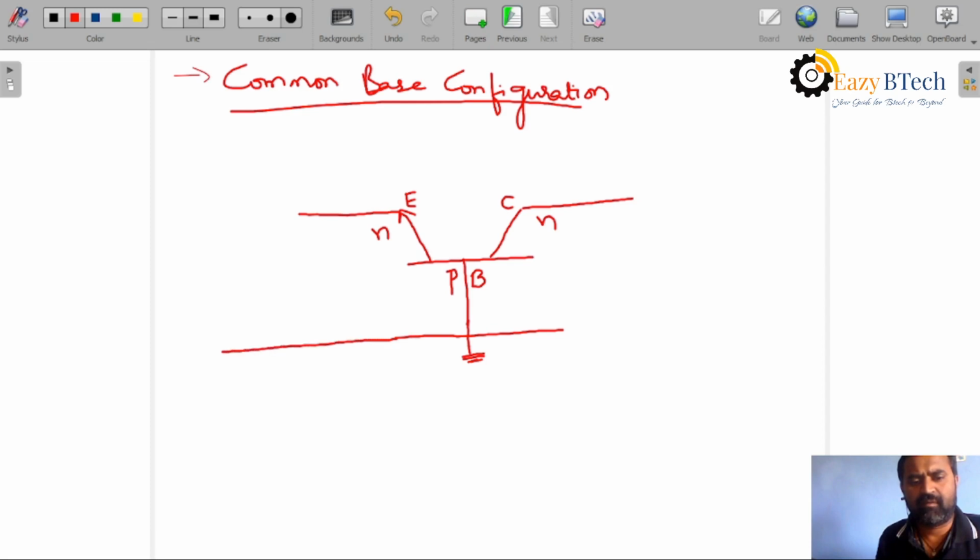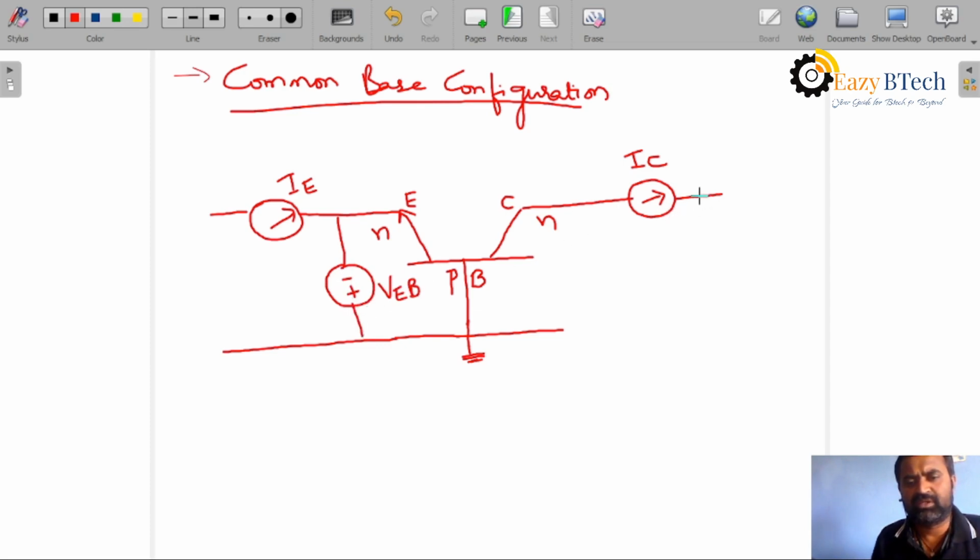Now here the input side current is IE and the output side current is IC, and the voltage in between this is VEB, and the voltage here is VCB.